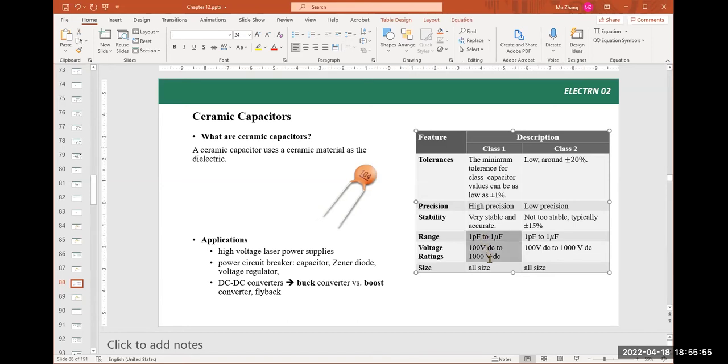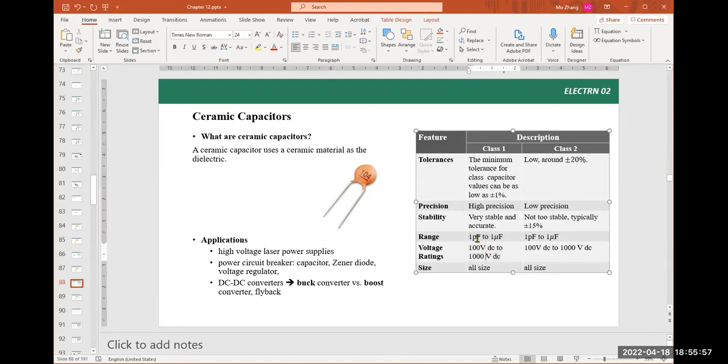The working range is the same. The value range is also similar. However, for class 2, as you can see, the value varies a lot, right? It can go up or down 20%. It's like the price of a stock. Let's say we buy a stock, and at this moment it's $10. After 2 minutes, it is 15.